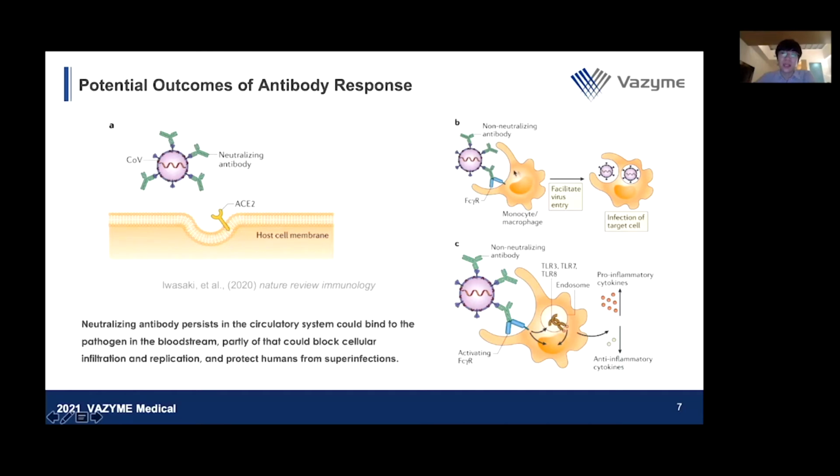And the worst is that there will be some antibodies which, after they bind with the virus, have their Fc fragment recognized by the monocyte or macrophage Fc receptor, which mediates antibody-mediated inflammation or antibody-mediated infection, which makes the patient's symptoms even worse and can develop into a very severe disease.